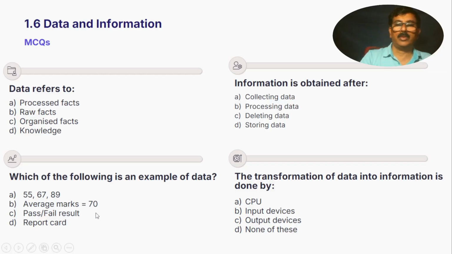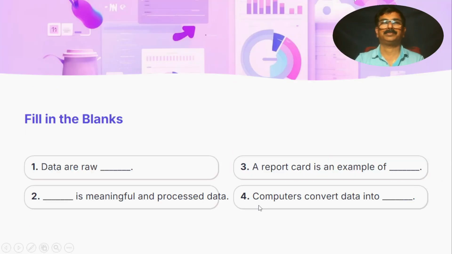Average marks equal to 70 is a processing instruction. Pass or fail result may be output. Report card may be output. 55, 67, 89 is an example of data. The transformation of data into information is done by the CPU, because it is called processing.